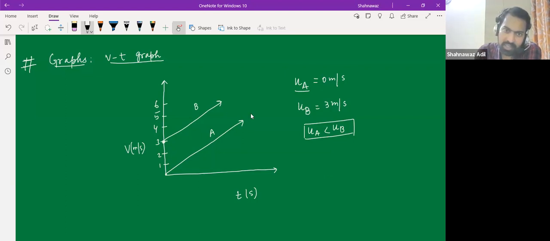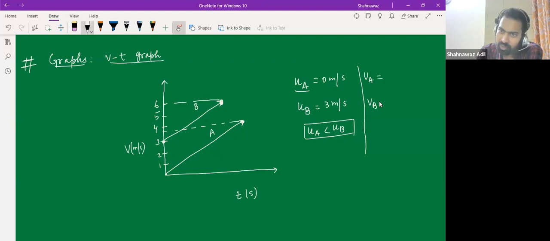B has reached here, and A has reached here. So what can you say about the final velocity of A and the final velocity of B? Who has the highest final velocity? Both of them are the same?